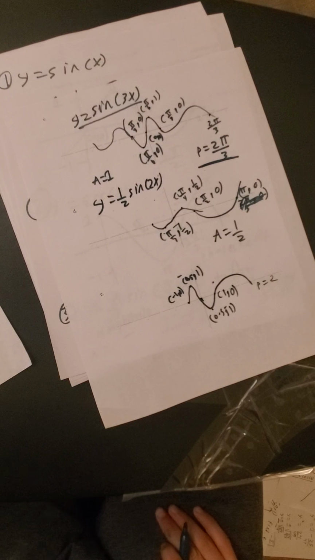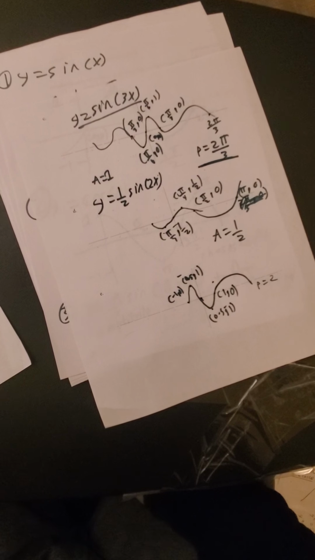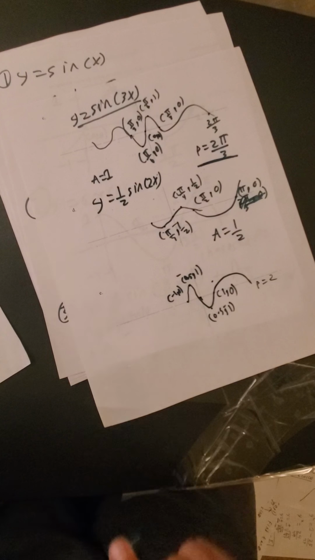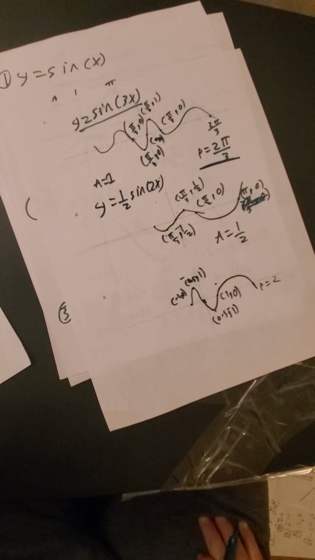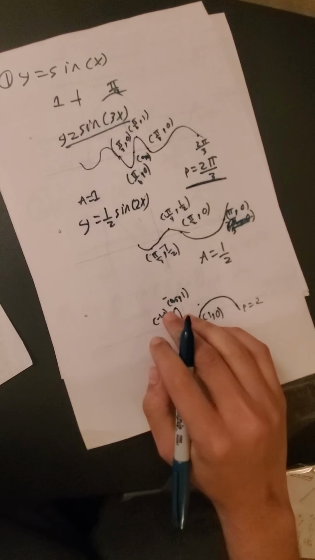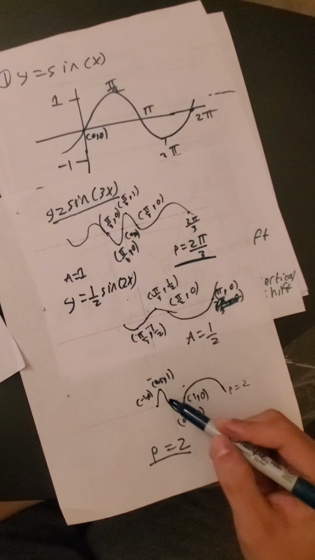Okay, the last question might be a bit confusing because there's two things that changed. The first thing that changed is that the period has no pi's in it. It absolutely has no pi's. The period in this question was just the number 2, so p equals 2. And the second confusing thing is that this graph doesn't exactly look like the graph of sine x.